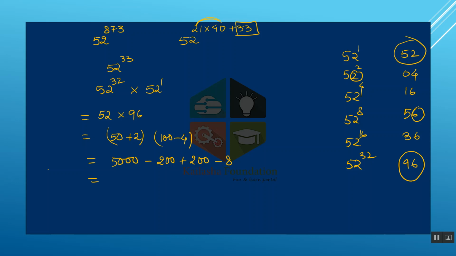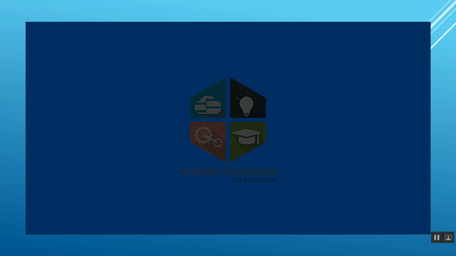So that is 4992. The last two digits are 92. So this is what you learnt about last two digits. Let me tell you a few more rules, a few more things about this last two digits topic.